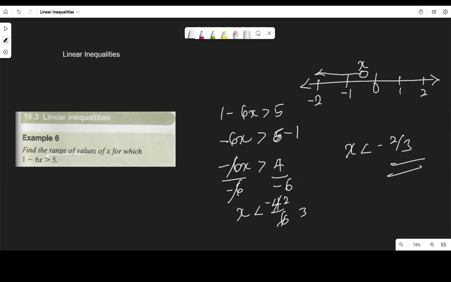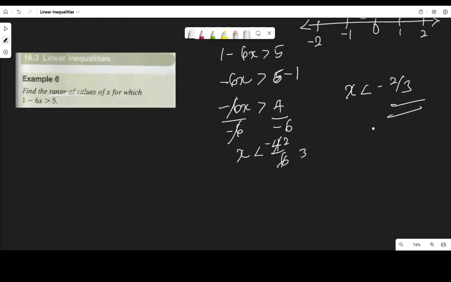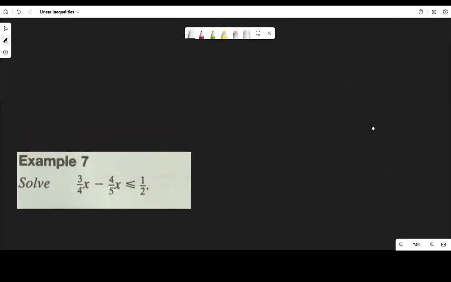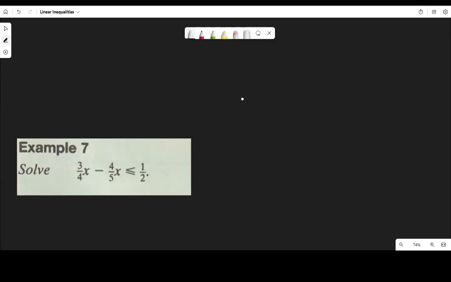That is what they mean by the range of values of x which satisfies. Although they didn't ask us to represent that on a number line, I'm just doing this for the sake of explanation. Okay?